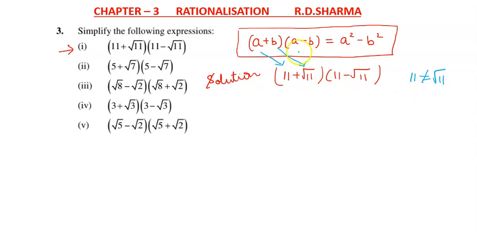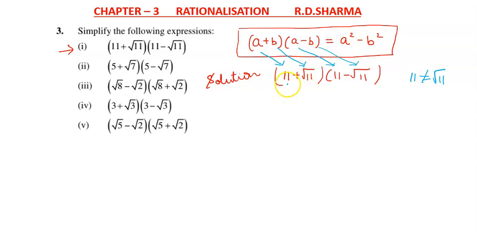Similarly, a plus b is here and a minus b is here. Alright, (a plus b) into (a minus b) is what? A square minus b square.